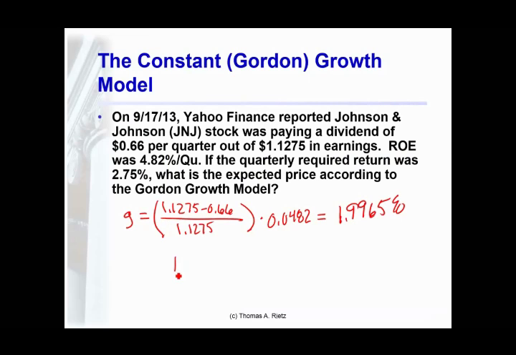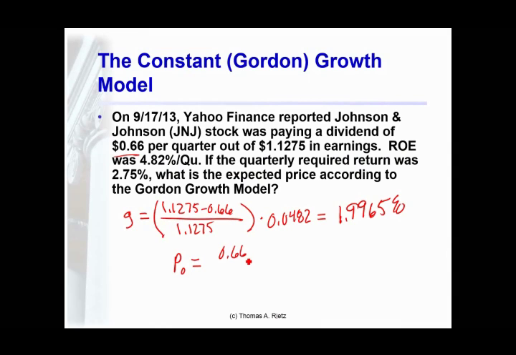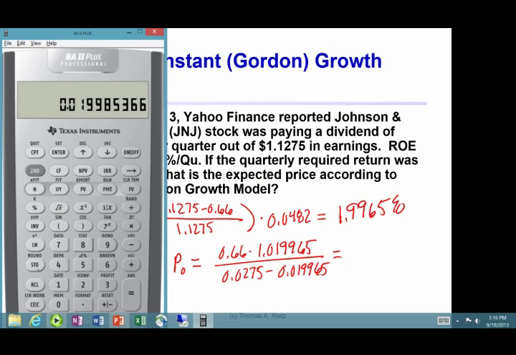Then the price today is equal to next period's dividend. Well, this is the most recent dividend. If dividends are growing at a constant rate, the next dividend will be last period's dividend plus growth, divided by return minus growth rate.